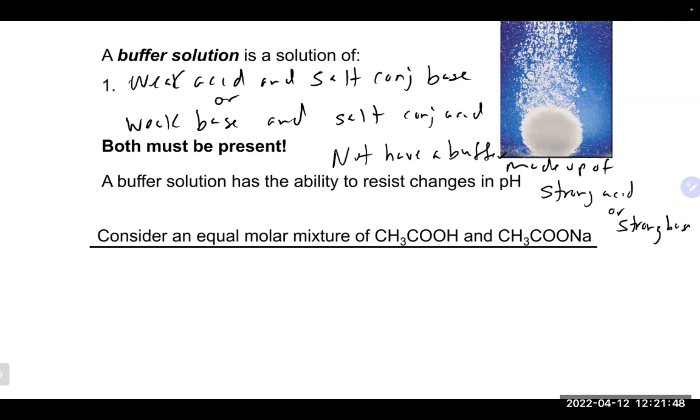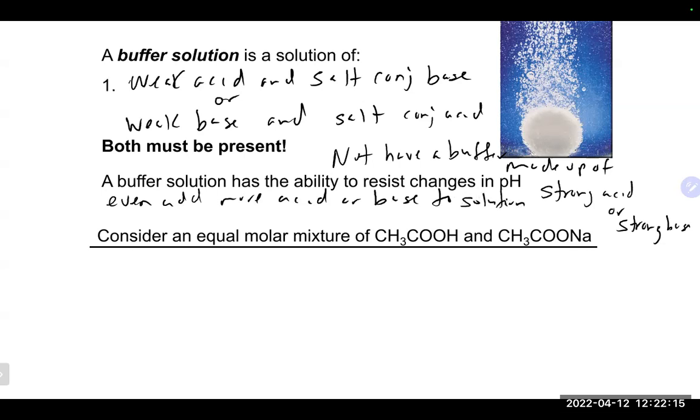You have just what's left when it breaks apart. So the essential function of a buffer comes from the idea that it can set up this equilibrium and keep both of those things in solution at the same time. A buffer is actually a solution that can resist changes in pH even when you add more acid or base to the solution.